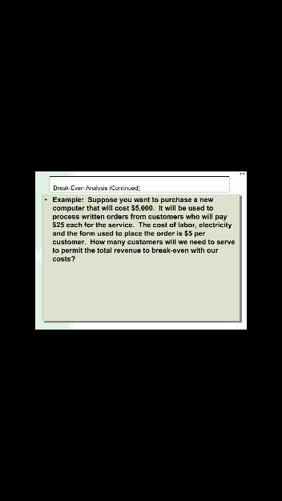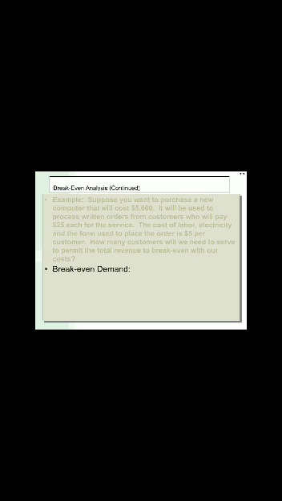It is basically a service we are offering here, and we know the fixed cost is $5,000, and the price is $25, and the variable cost is $5 per customer. So break-even demand is total fixed cost of process or equipment divided by unit price to customer minus variable cost.